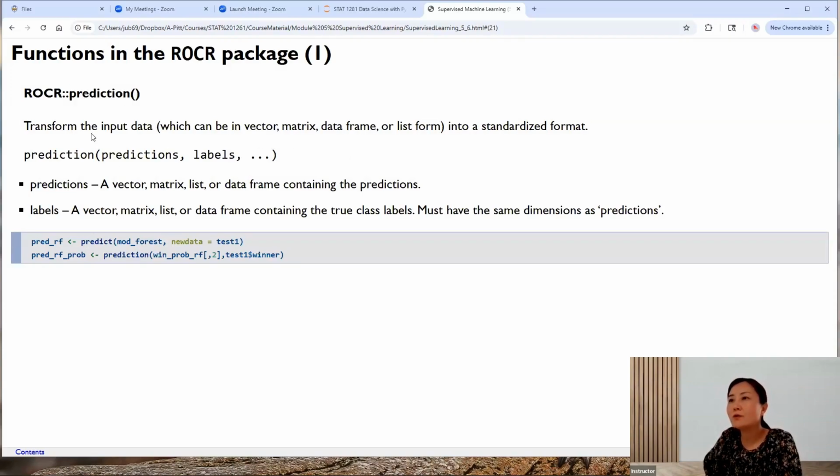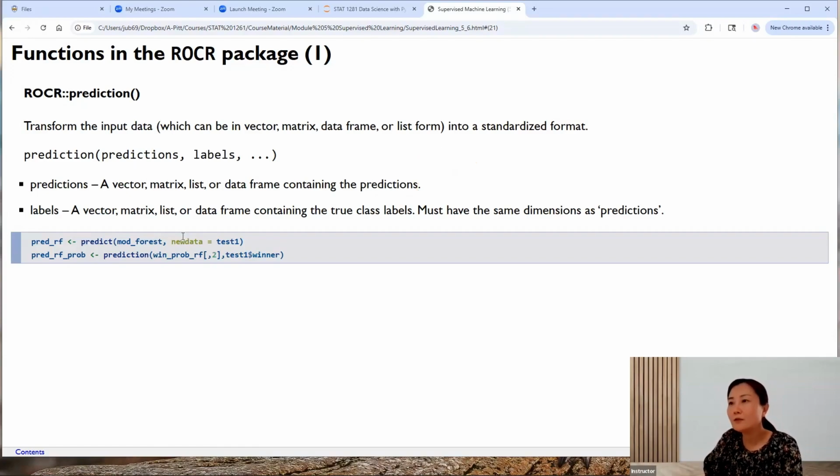This one will transform the input data into a standardized format. It takes two basic arguments, predictions and labels. The predictions is the class probability for one class, and the labels is the true value, basically the Y test column.